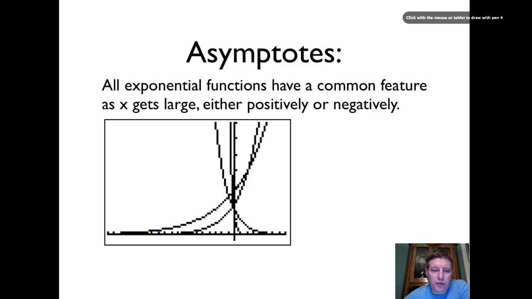You might notice that no matter whether it's an increasing exponential function like these two are, or whether they're decreasing exponential functions like these two are, all four of these are approaching the x-axis. And so the x-axis, or we could call that the line y equals 0, is a horizontal asymptote.